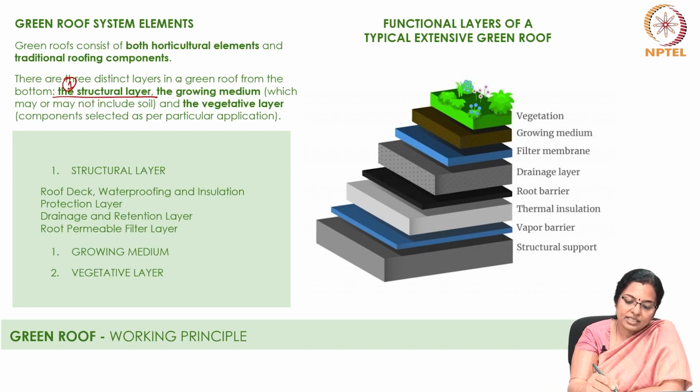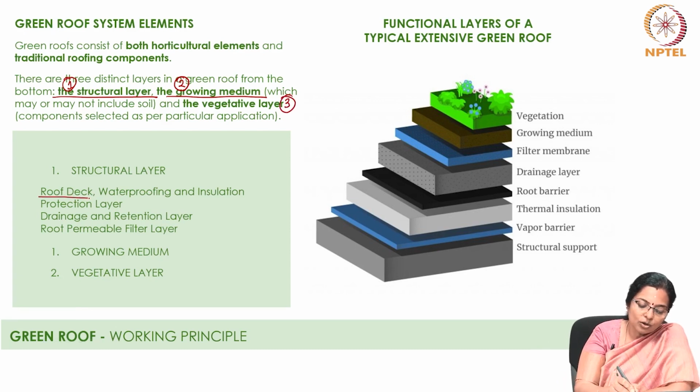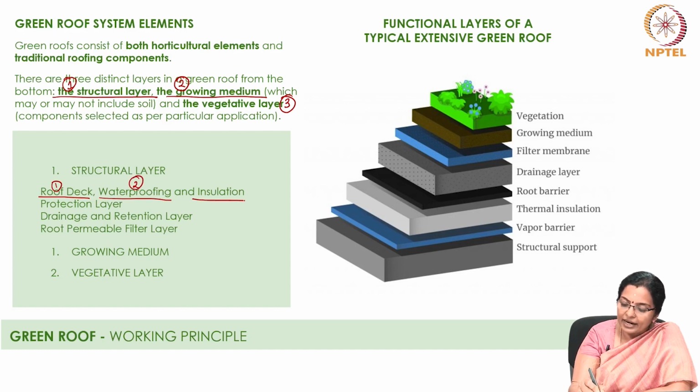The second is the growing medium. And the third is the vegetative layer. The structural layer comprises the roof deck, a waterproofing layer and an insulation protecting layer.